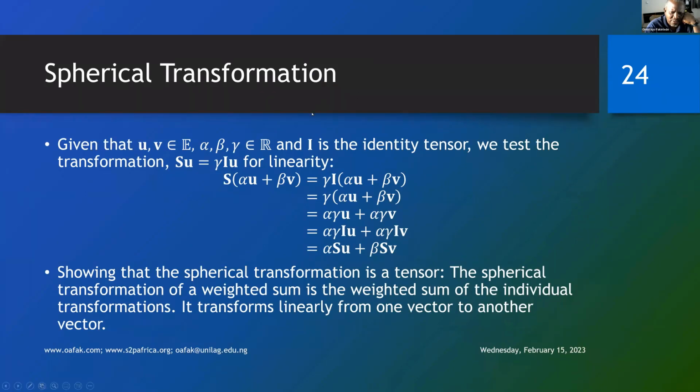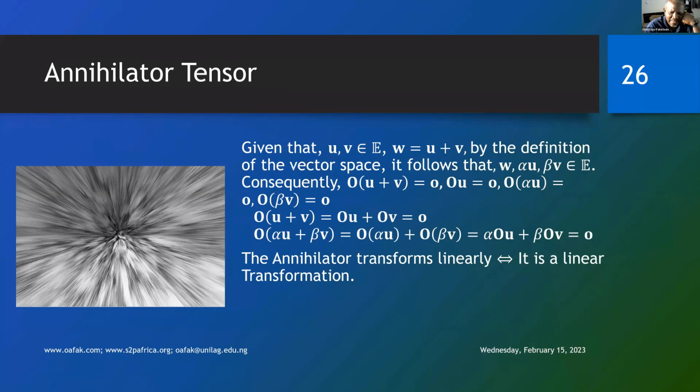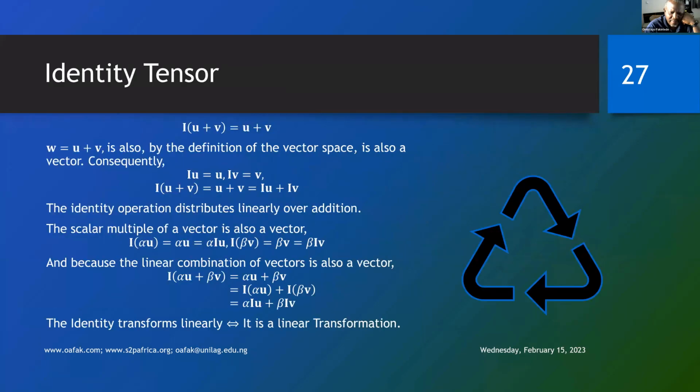Let us first of all establish the linearity of the identity. Now, the identity tensor: if you transform U plus V with the identity transform, it is equal to U plus V. Is that obvious to everybody?